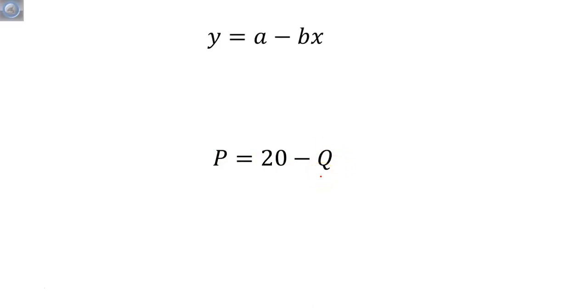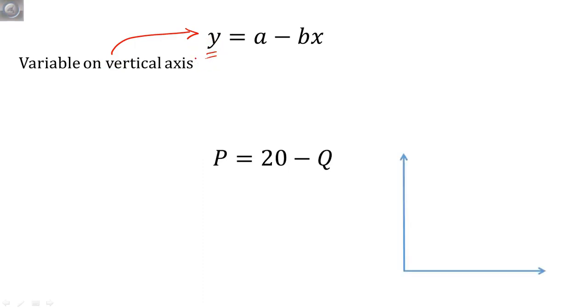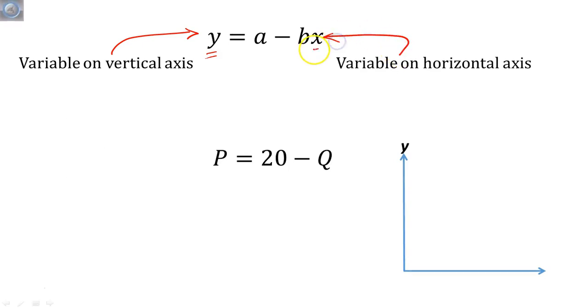Now what you'll recognize is that this has the form of a linear equation, which you'll remember from high school, which is y equals a plus or minus b multiplied by x. So y is the variable on the vertical axis, like this. X is the variable on the horizontal axis, like this.